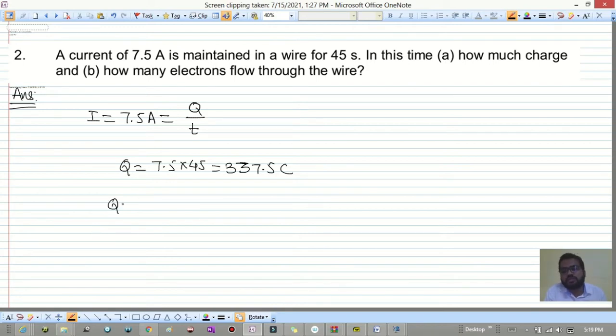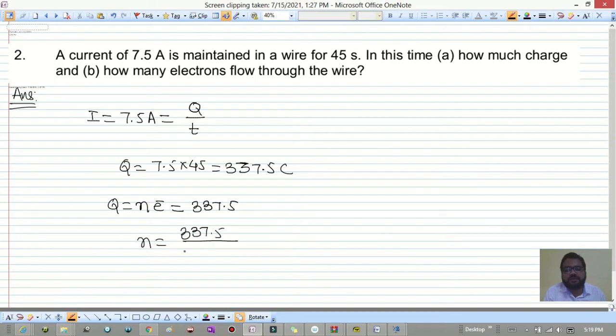The total charge on the body is an integral multiple of the charge on the electron, and that is equal to 337.5. So the number of electrons we have is 337.5 divided by 1.6 into 10 to the power minus 19.